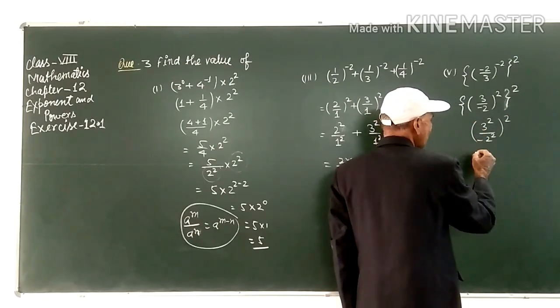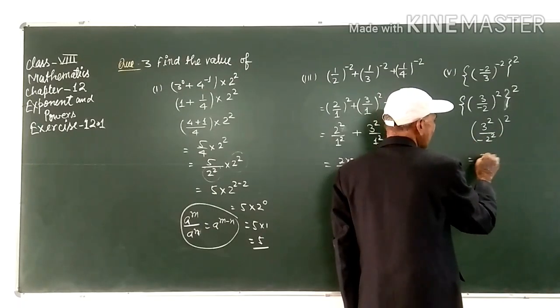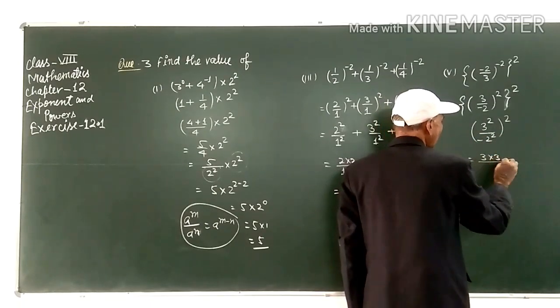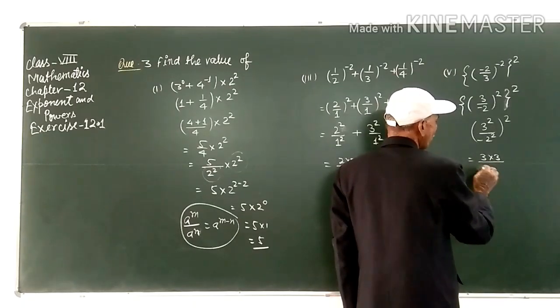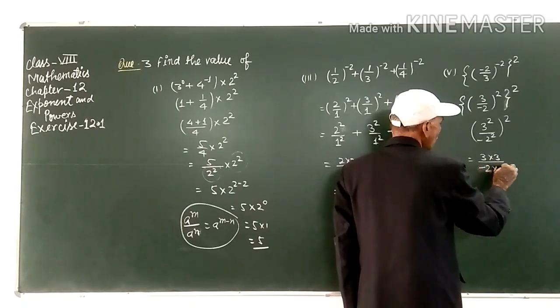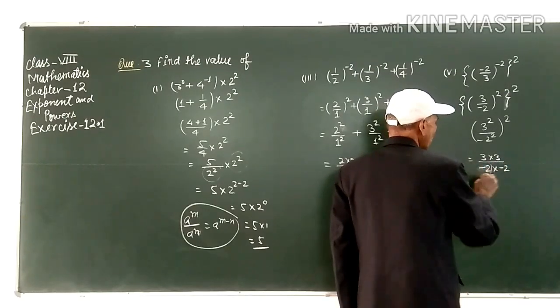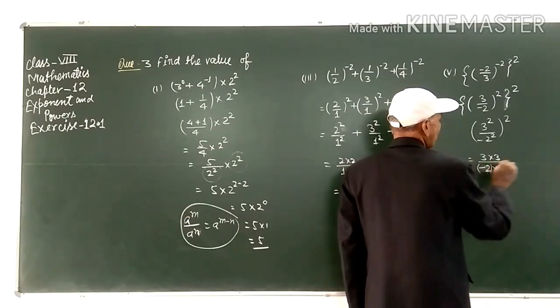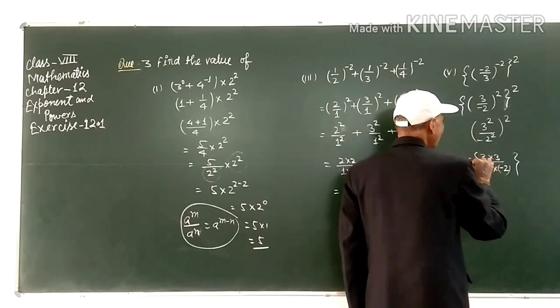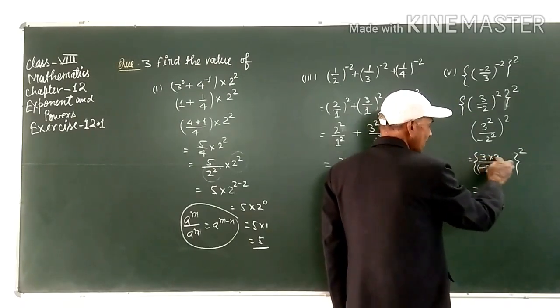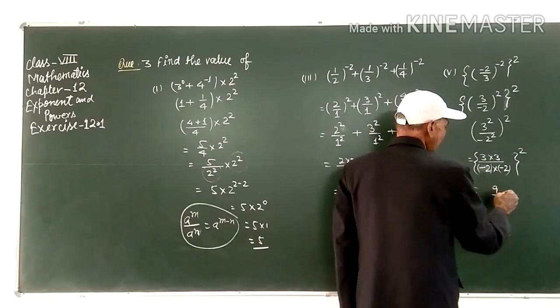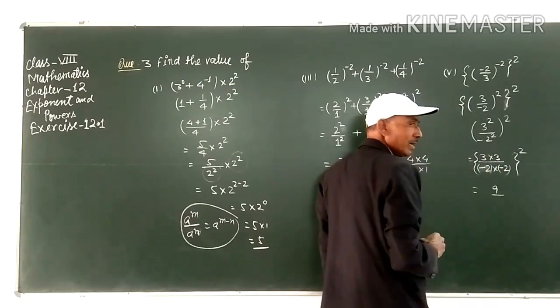So this one will be students 3 into 3 upon 4, sorry -2 into -2 and this whole power 2, and this one will be 3 3 ja 9 and minus into minus that will be plus.